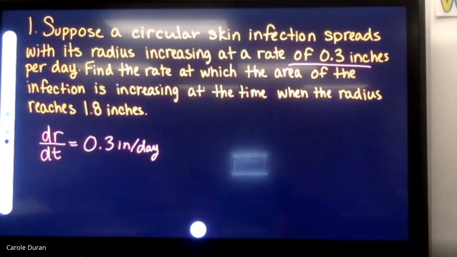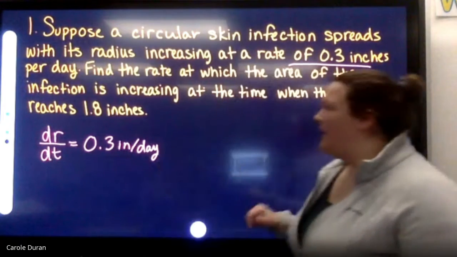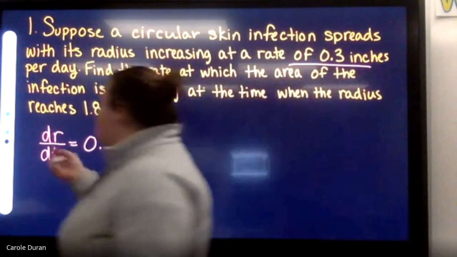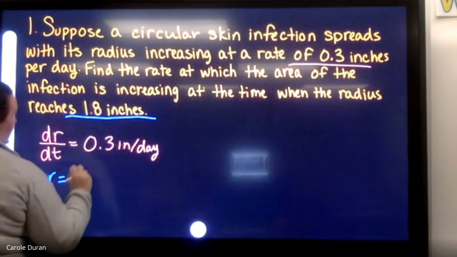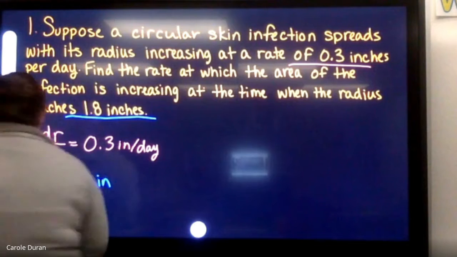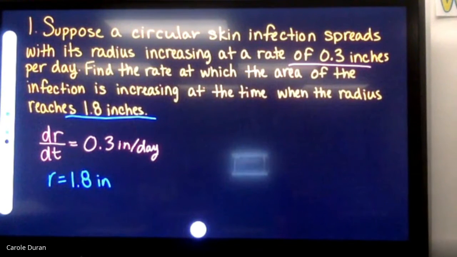What else do I know? I know that I am looking to see how the area is increasing when the radius is 1.8 inches. So I do know my radius measure here. So r is going to be equal to 1.8 inches. And then what am I going to be solving for in this problem?